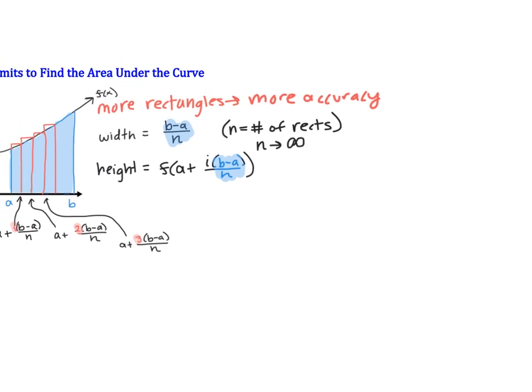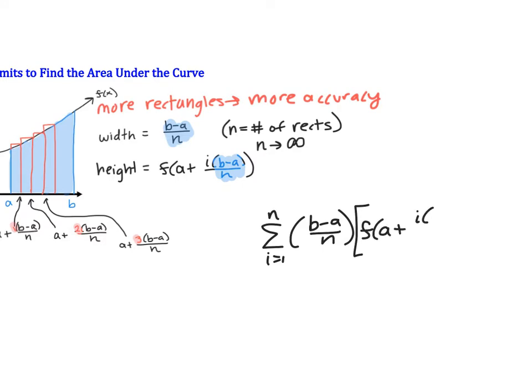So let's write this as a summation, because we know that we're going to be adding up all of these rectangles. So we have, starting at the first term, the width, which is b minus a over n, times the height, which is f of a plus i times b minus a over n. So remember, for the first term, i will be 1.